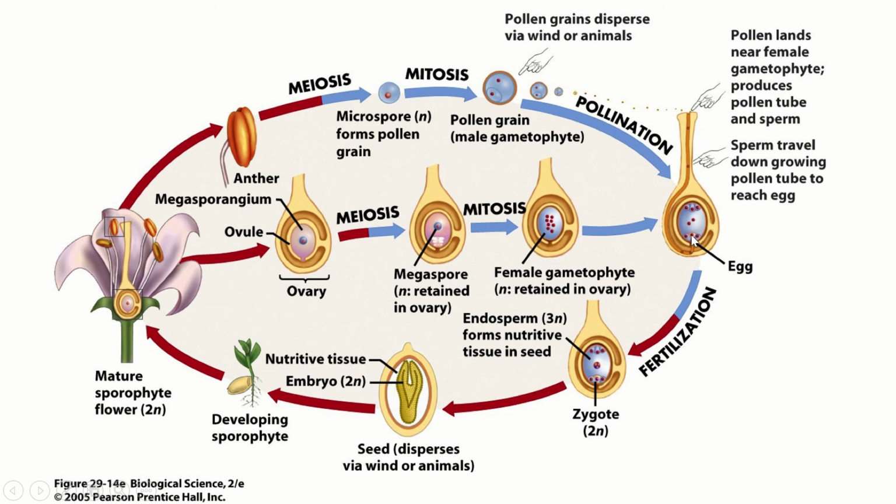One of those is going to fertilize the egg, and the other is going to fertilize 2 other nuclei to create an endosperm. So the zygote becomes the embryo of the next generation, a zygote, a diploid organism.